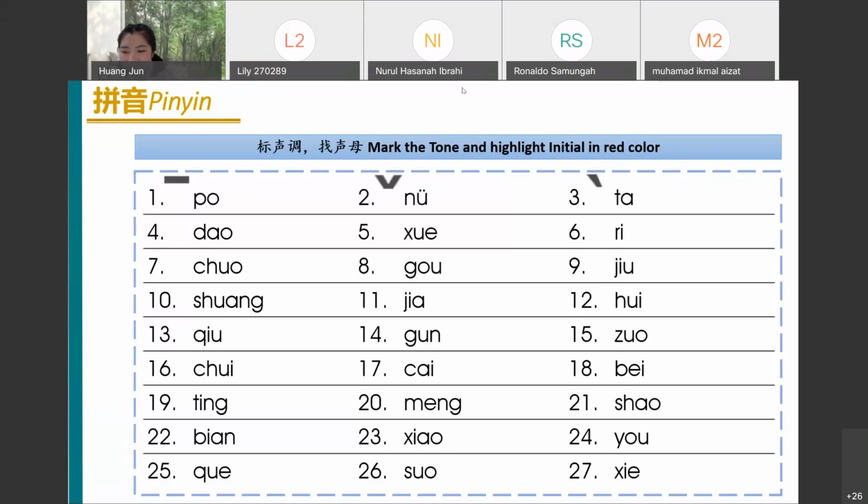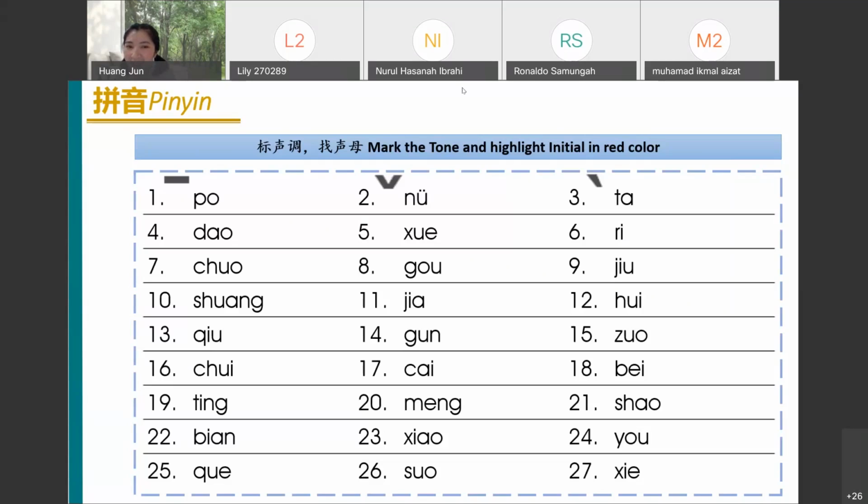Read the rules, study the rules again. For the number 3 submission, all the tone marks are correct, but for question number 2, the word I gave is 女.